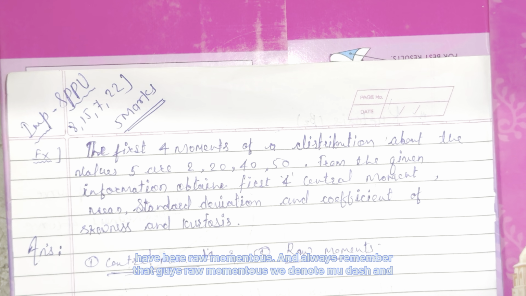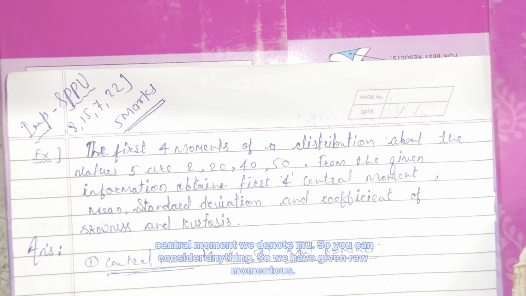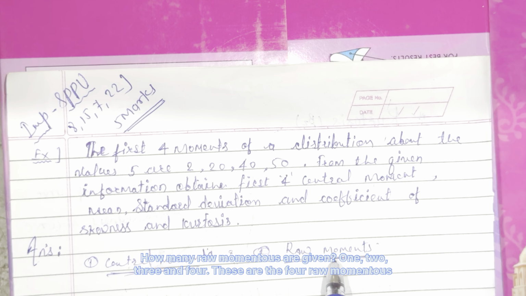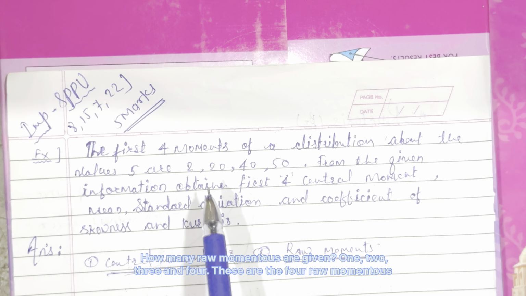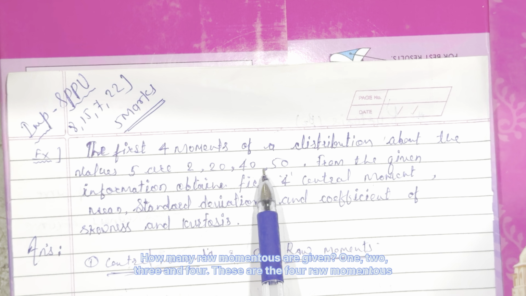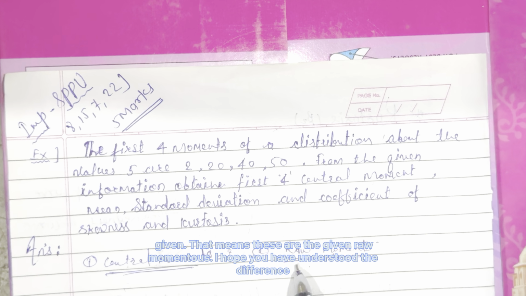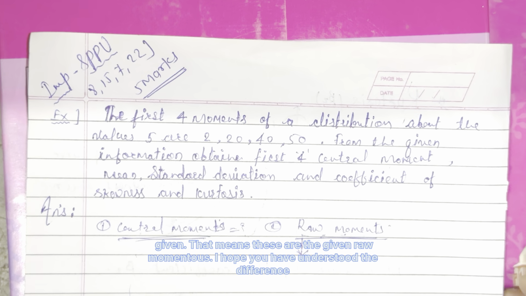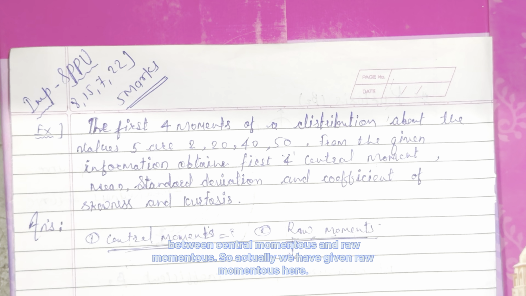Always remember, raw moments are denoted by mu dash and central moments are denoted by mu. How many raw moments are given? 1, 2, 3 and 4. I hope you have understood the difference between central moments and raw moments.